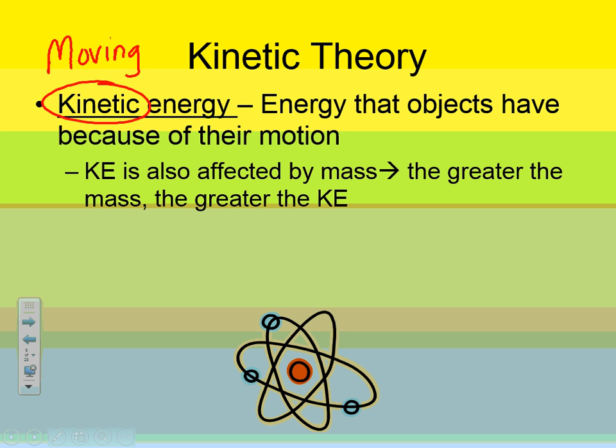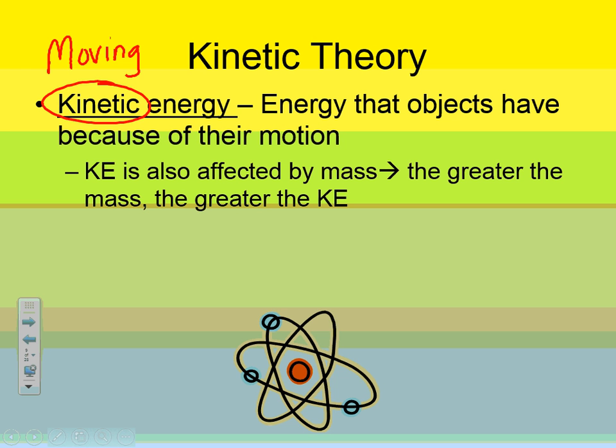Kinetic energy is affected by mass. The heavier you are, when you move, you're going to have more kinetic energy. So if we compare in the NFL an offensive lineman to a wide receiver, wide receivers are obviously much smaller than offensive linemen. Offensive linemen are big, round, stocky guys.